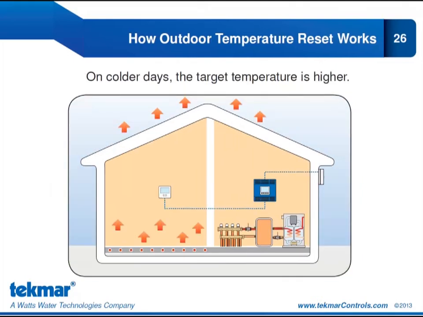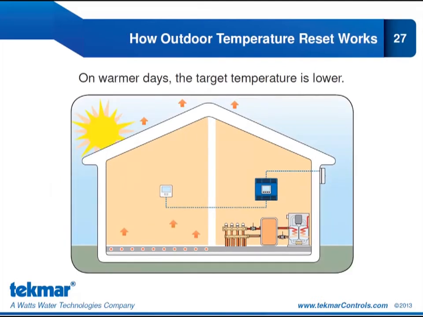On colder days, we're going to have greater heat loss, so we need greater heat supply. So our outdoor reset control is looking at the outdoor temperature, sees that it's colder outside, knows that we are going to have greater heat loss from our building, and so we need to adjust the tank target accordingly for a greater heat supply.